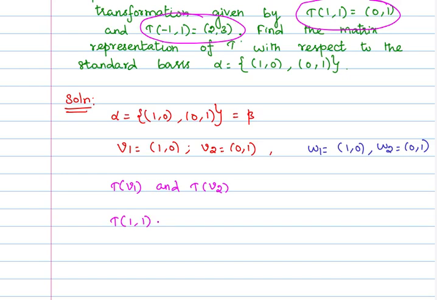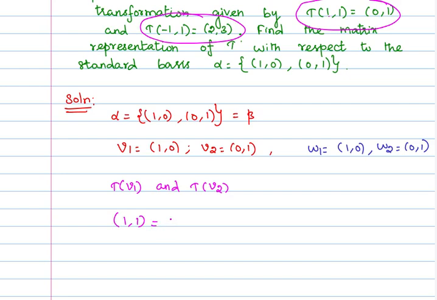I will find that using the property of linear transformation. T of (1, 1): how can I represent it in terms of v1 and v2?